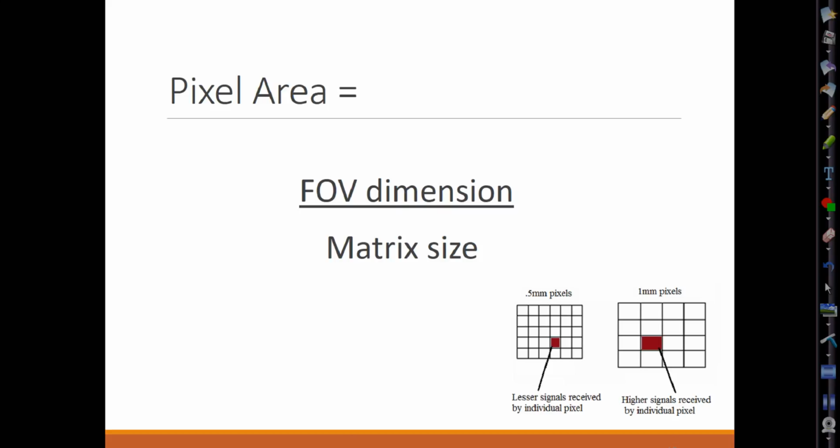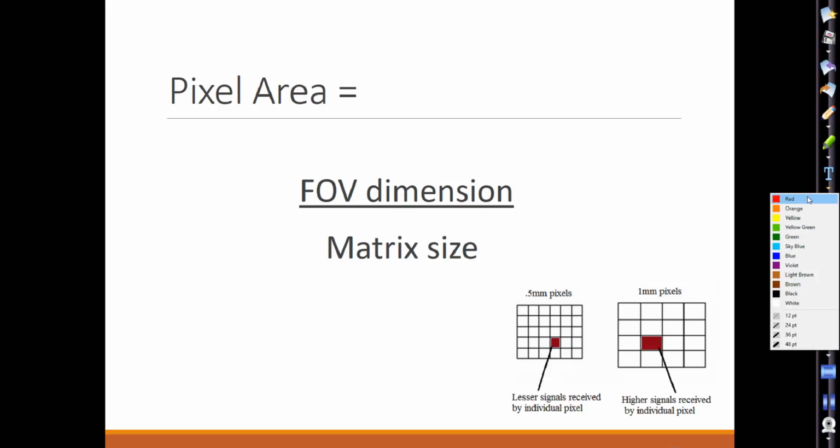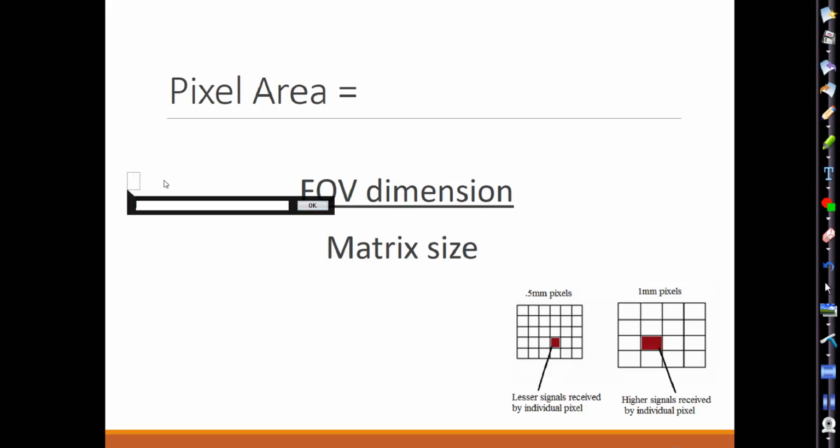So pixel area, here's the equation, is field of view dimension divided by the matrix size. You have to remember you always have a phase and frequency dimension. Let's give it an example. Imagine the field of view was 24 centimeters or 240 millimeters.